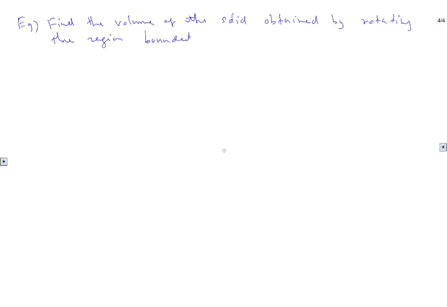So let's do this one. Find the volume of the solid obtained by rotating the region bounded by y equals x minus x squared and y equals 0 about x equals 2.